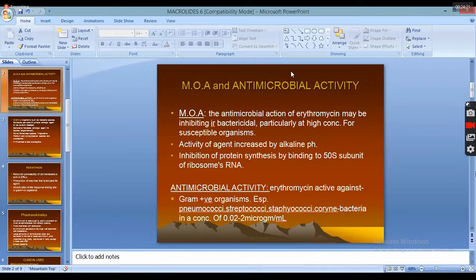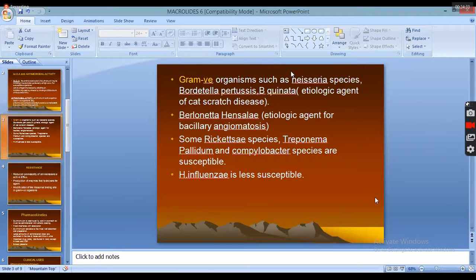It's active against common streptococcus, staphylococcus, pneumococcus in a very small concentration of 0.02 micrograms. And gram negative organisms, for example Neisseria species.